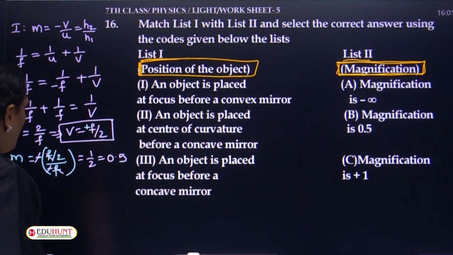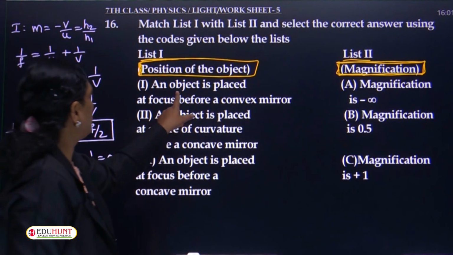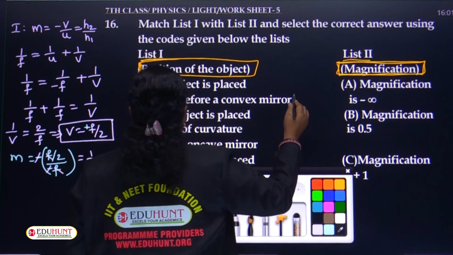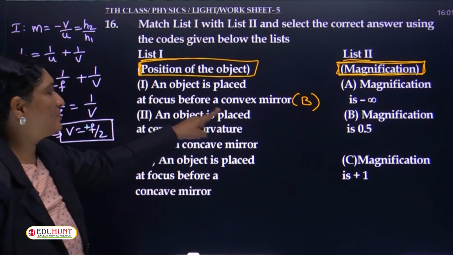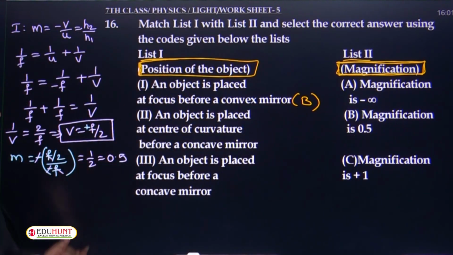So the correct option for 1 will be, how much is that? 0.5. Option B. For the first question, option B is correct. Magnification is found to be 0.5. I think the value signs are also clear.